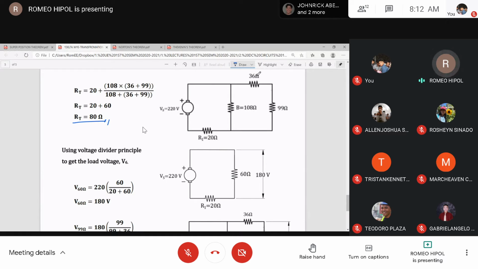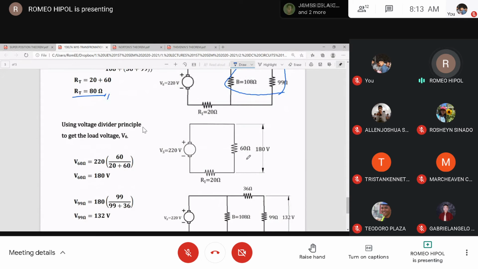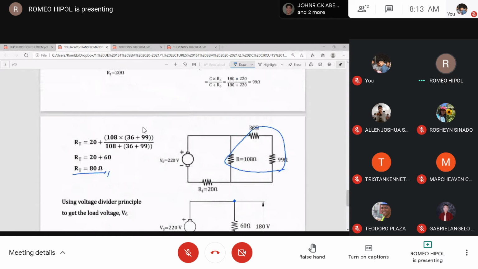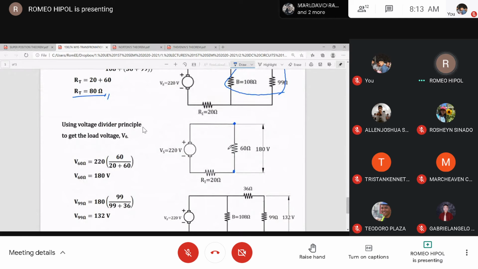So, 99 minus 36. Actually, nakakonect siya in parallel. Nakuha. So, it has an equivalent resistance of 60 ohm. So, okay. Applying voltage divider principle. So, getting the voltage drop across this terminal, since yung nahanap natin 220 ohm is connected at this terminal.